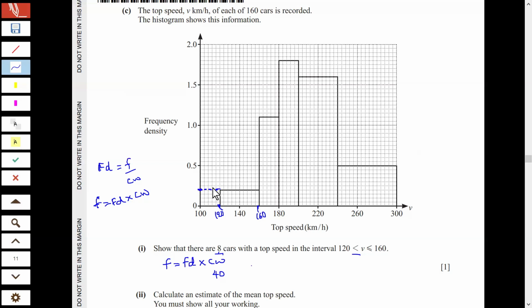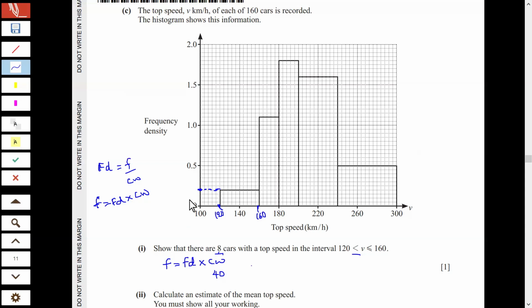For this graph, each line represents 0.05, which means we have 0.1 and 0.2.